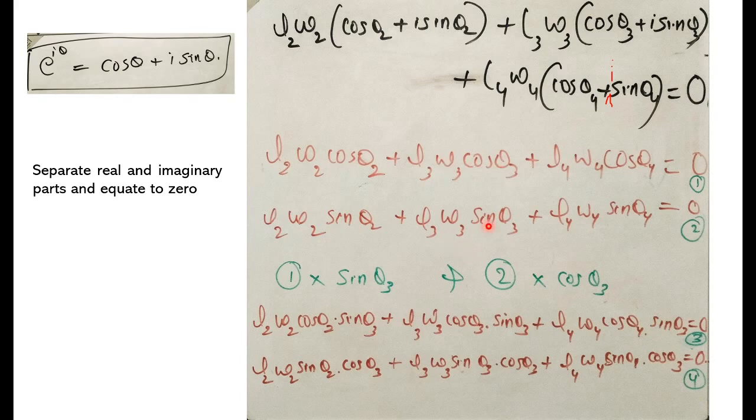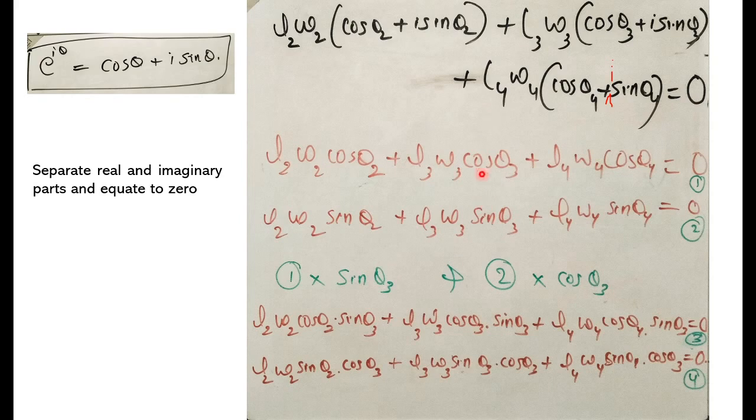So for that we have to multiply sin θ3 with equation 1, and similarly multiply cos θ3 with equation 2. Why are we multiplying sin θ3 with the first expression? In the second expression we have sin θ3 as the term with ω3, and in the first expression we have cos θ3 with ω3.